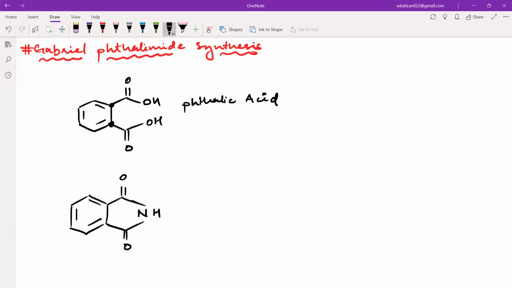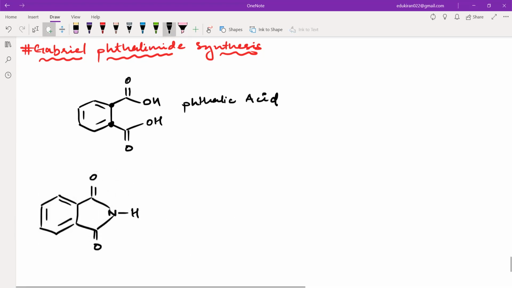So you have a molecule like this, nitrogen, and this nitrogen also has hydrogen because nitrogen should have three bonds. This is phthalimide.